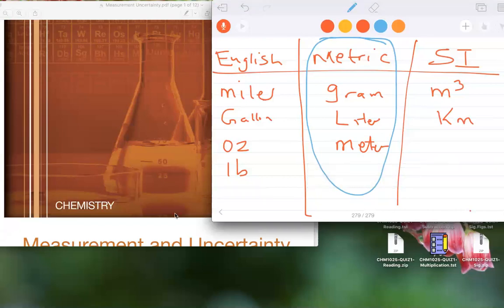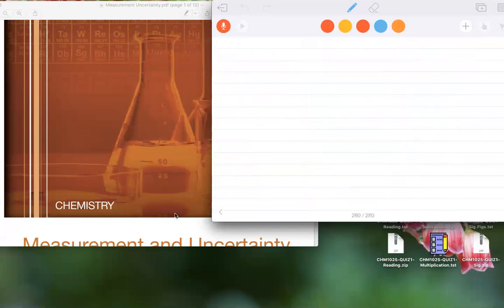In today's lab on measurement, the system of measurement you will take note of is, one, temperature. You're going to take mass.